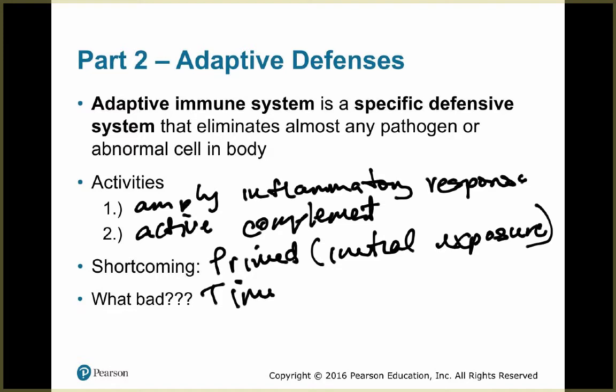And so that's the only bad thing about adaptive defense, which is the reason why we have both the adaptive defense and the innate defense happening together. The innate defense is basically the first front that comes to start activating against stuff, and the adaptive defense, if it hasn't seen it before, is going to start working on doing different procedures so that in the future it can recognize it easier.